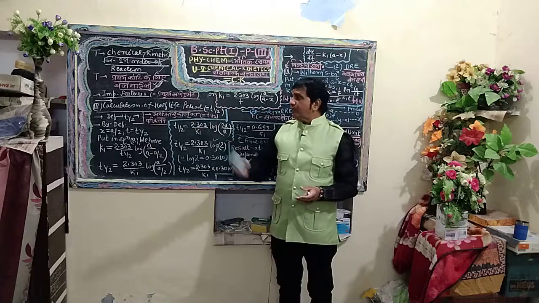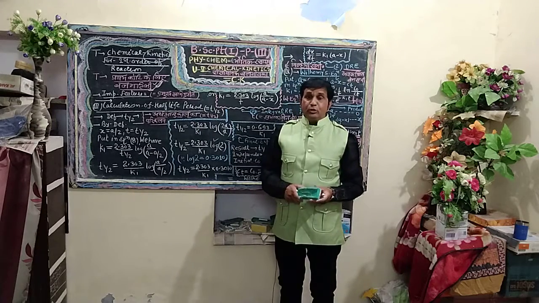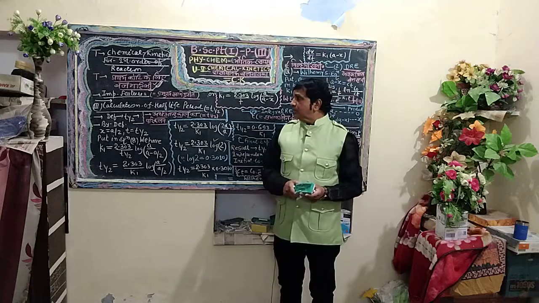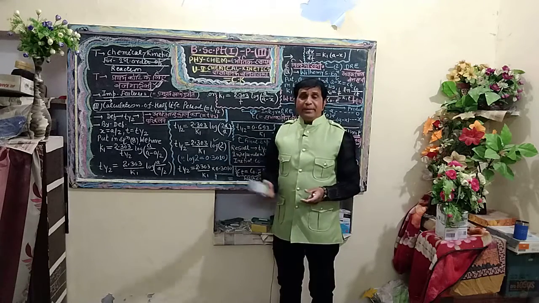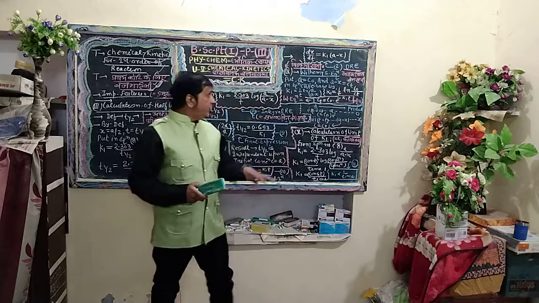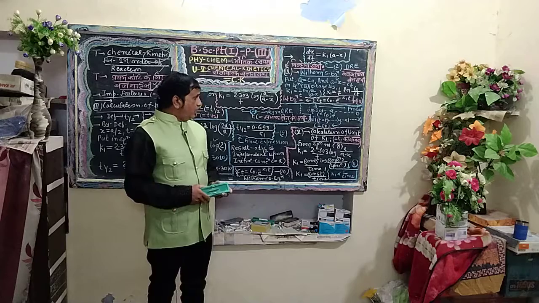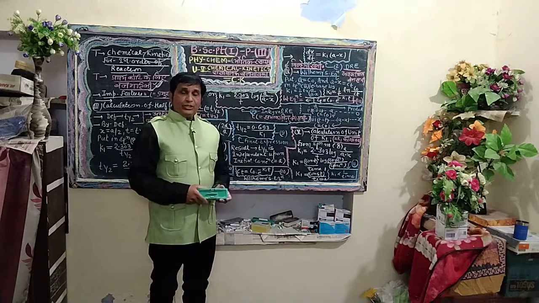Third, students have to calculate the half-life period. Fourth, calculation of the Wilhelmy equation. Fifth, calculation of the rate constant K1.